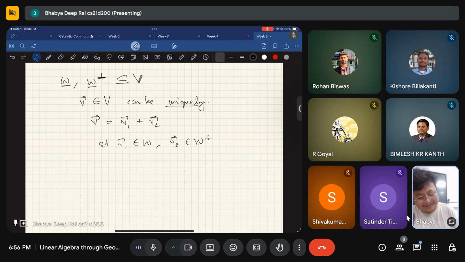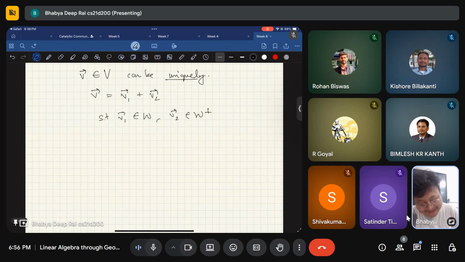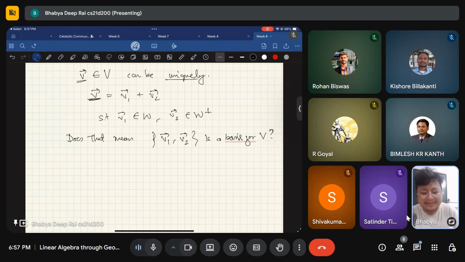So does that mean the set V1, V2 is a basis for V? This is what you are asking, because any vector in V can be represented.